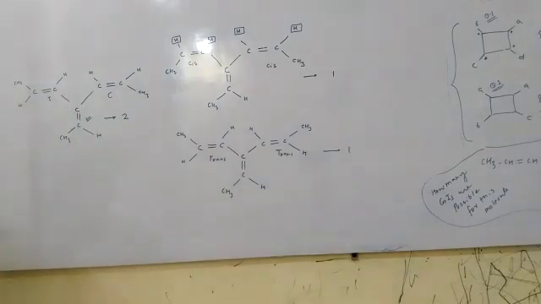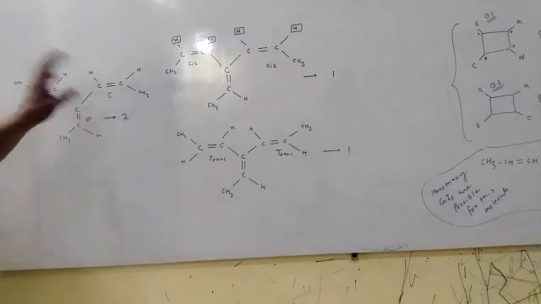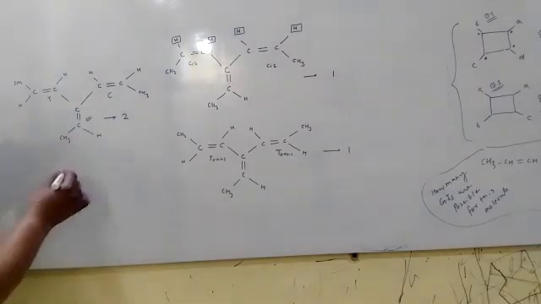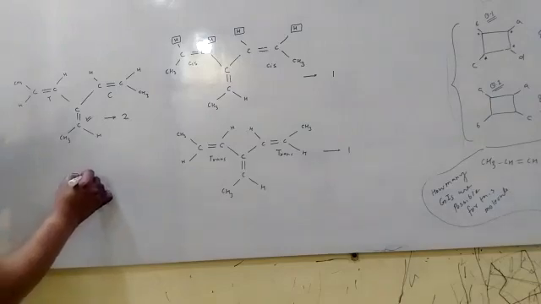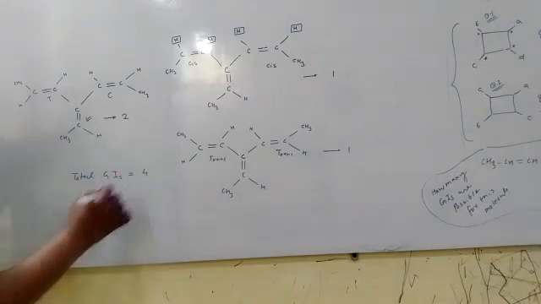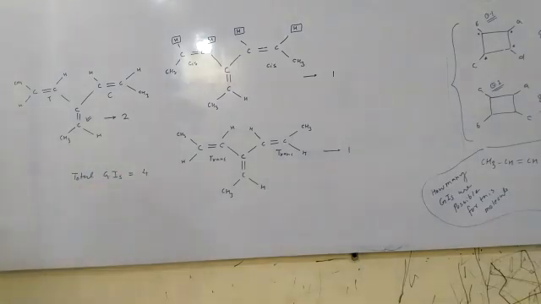Now this molecule is symmetric. Yes or no? So this trans and cis, or this cis and this trans, both will be identical. So total geometrical isomers are four. Is there any doubt in this? No.